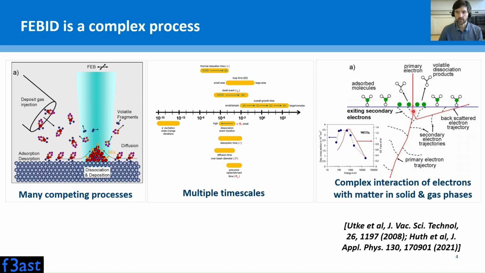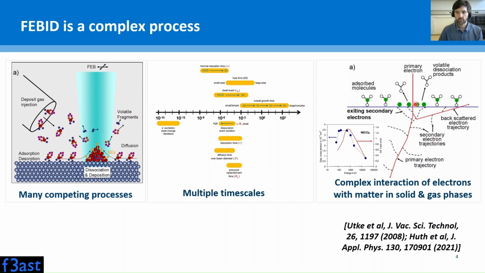It can generate backscattered electrons that have higher energy than the secondary electrons, which typically have energies below 50 electron volts. The scattering cross-section, in other words, the probability of these electrons breaking the bonds of the molecules that we use in FEBID, is higher for the secondary electrons than for backscattered or the primary electron beam.